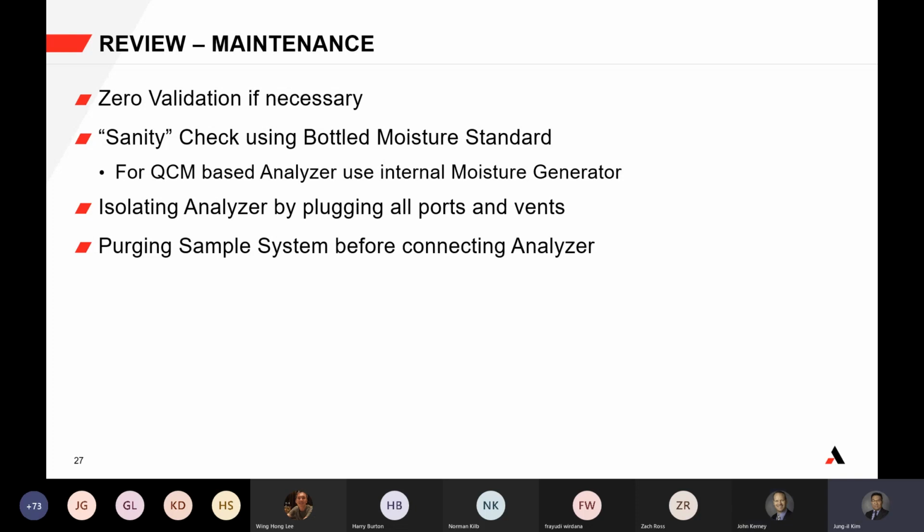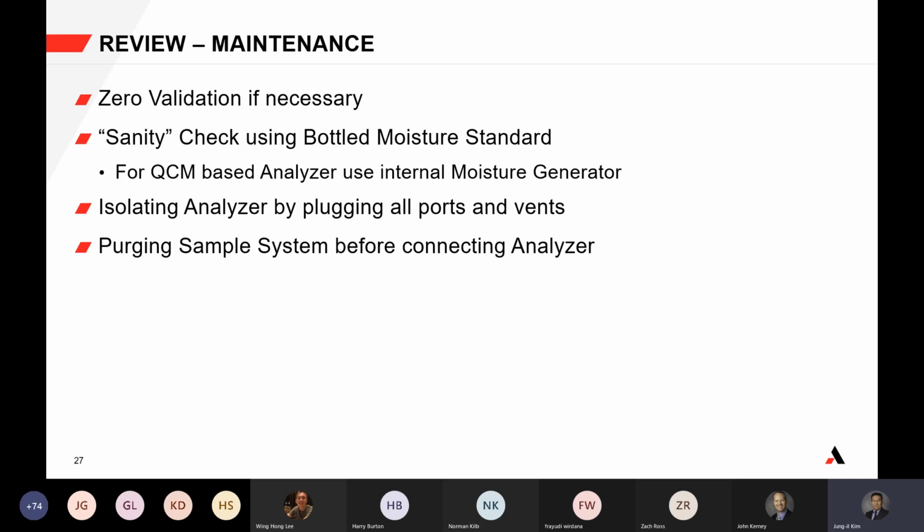When the analyzer switches from sample to reference or vice versa, or when you are doing a span or validation, so it switches between moisture generator and reference back and forth, there is an expected flow disturbance. The amount of flow disturbance depends on how well balanced the three legs are.